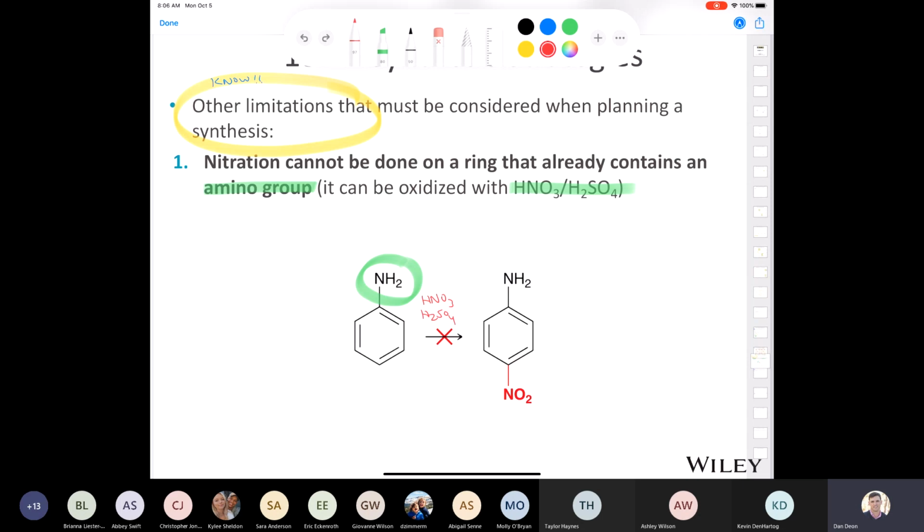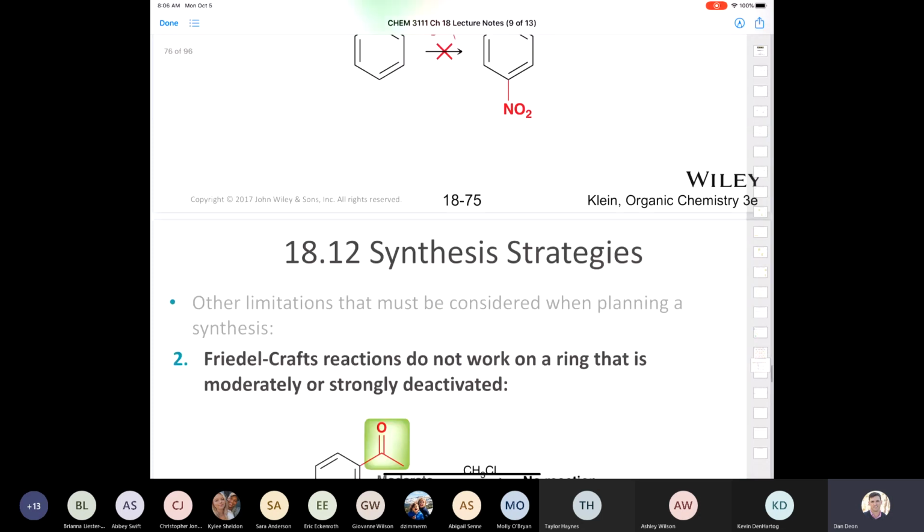It's going to oxidize it to some kind of, I'm not sure if it's a nitroso something that we haven't learned because he doesn't cover it exactly. But the important thing that you know is that the reaction won't work, okay? My guess is that you'd get a mixture of products and you'd just see a bunch of different things on TLC. So you wouldn't be any further ahead. But that's a limitation that you've got to be aware of, okay? So no nitration on a ring with an amino group because that amino group will get oxidized.